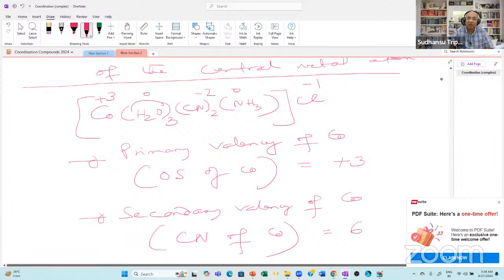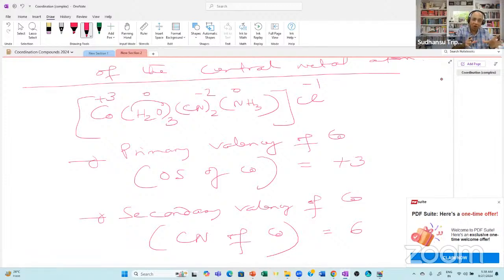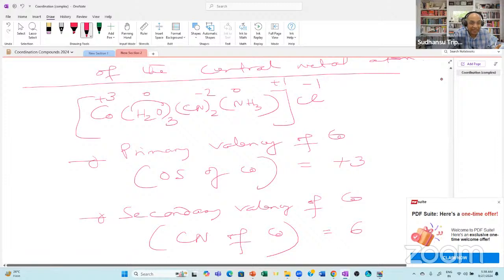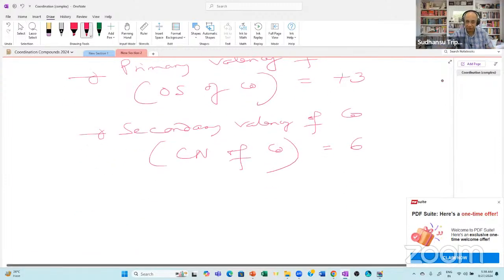So you can find out the oxidation state of the metal atom in the complex from the formula, from the net charge of the complex ion, which I'll give. Had I not given the counter ion, chloride ion, I would simply have written plus 1. Here the net charge of the complex ion is plus 1. So x minus 2 plus 0 plus 0 is equal to plus 1. So x is equal to plus 3. So this is plus 3.